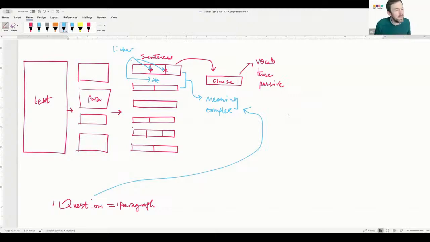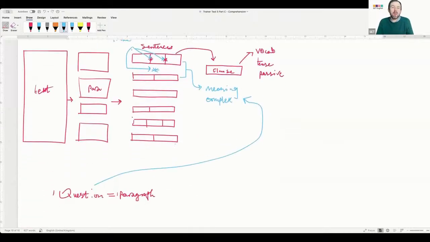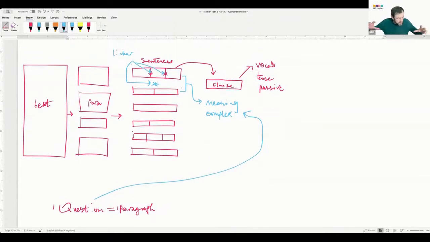That's what happens in OET Reading Part C. You've got this massive text, then you've got these paragraphs, and then you've got these sentences with multiple clauses that are followed by other sentences. Sometimes they're linked. Sometimes something in this sentence here will refer back using a pronoun like they or this. And then OET will expect you to take those sentences, put them together, and recognize that they've paraphrased it in A, B, C, or D.